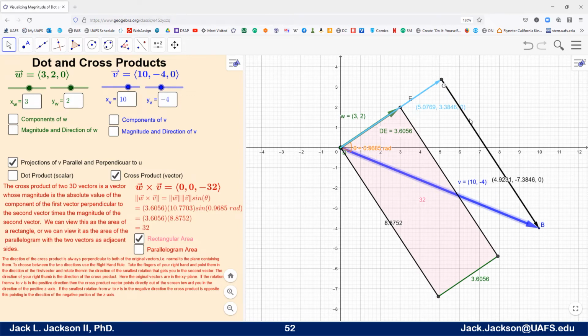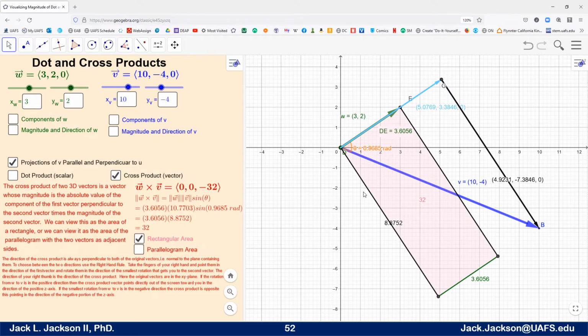Okay. And then when we project it on here, we get a part going in the same direction. That's this light blue vector. And a part going perpendicular, which is the perpendicular or normal component, orthogonal component, which is right here. Multiply the norm of V and the sine of theta together, you get the 8.875. That's the length of this black vector, which you can see is the same as here.